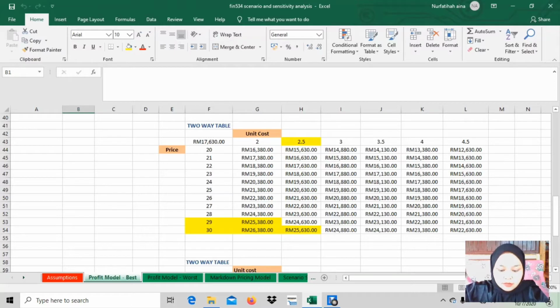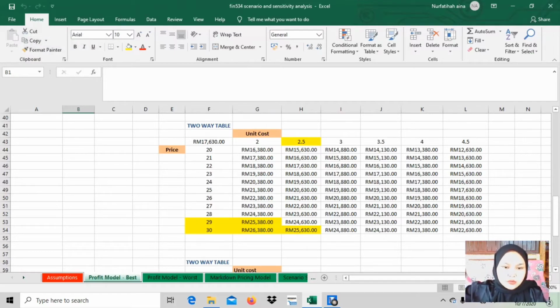Meaning that if I want to achieve more than RM 25,000 of profit, the price I should put for my product is between RM 29 and RM 30, and the unit cost I should put is RM 2.5.